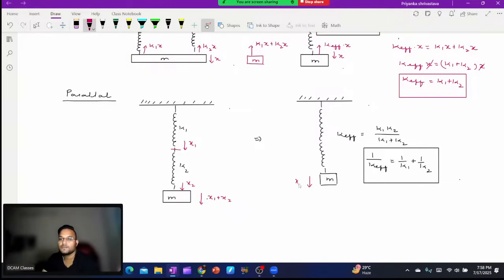But since these two springs are joined, the force due to this spring at this point, K1 x1, should be equal to K2 x2 here. Because they are connected line by line, the tension at both points should be the same. Otherwise, how can it be? So K1 x1 should be equal to K2 x2.